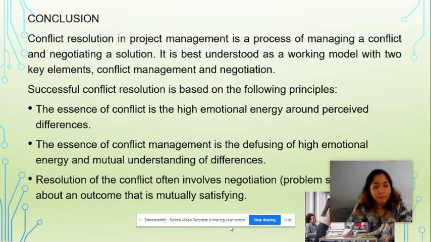The second bullet: the essence of conflict management is the diffusing of the high emotional energy and mutual understanding of the differences. The last bullet: resolution of the conflict often involves negotiation and problem solving to bring about an outcome that is mutually satisfying. Conflict can be both productive and non-productive.